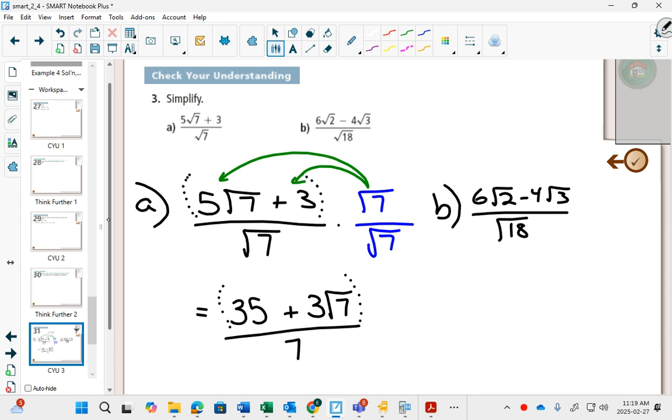The square root of 18 can be written in a more simplified form because you can write it as a mixed radical. I can't simplify the square root of 2. I can't simplify the square root of 3. But the square root of 18, if you know your perfect squares and your times table really well, is 9 times 2, and the square root of 9 is 3. So this simplifies to 3 square root of 2.